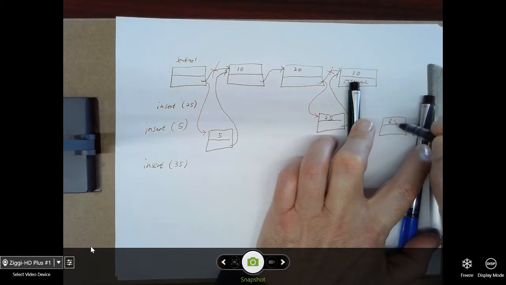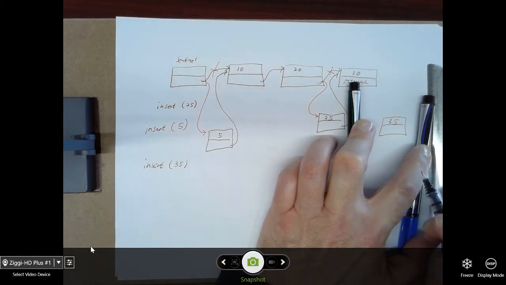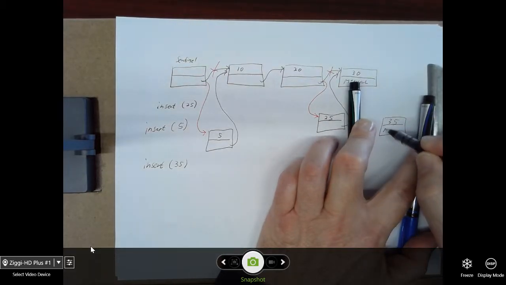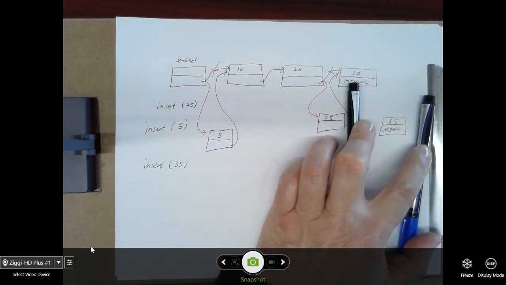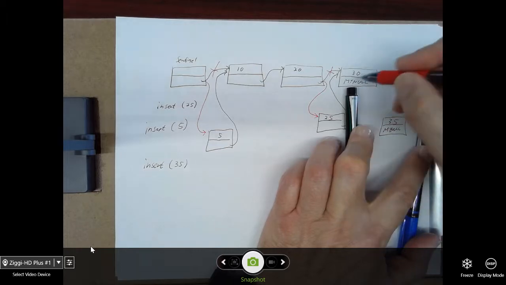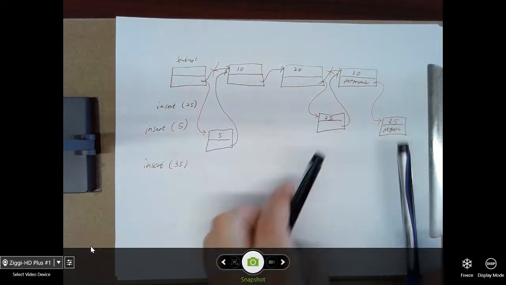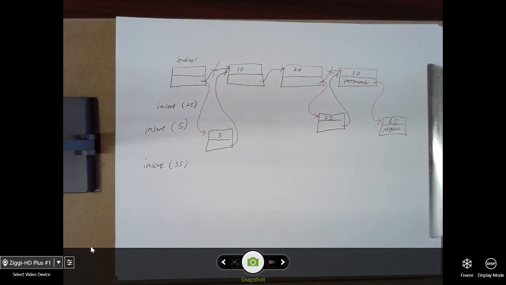We'll set our data value. But instead of setting the next value to something else, we'll set it to my null, which is still what this previous node was pointing to. And we'll change this to point to our new node. So it's almost exactly the same set of steps.